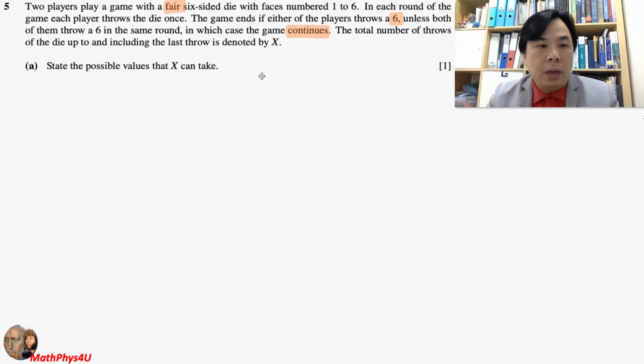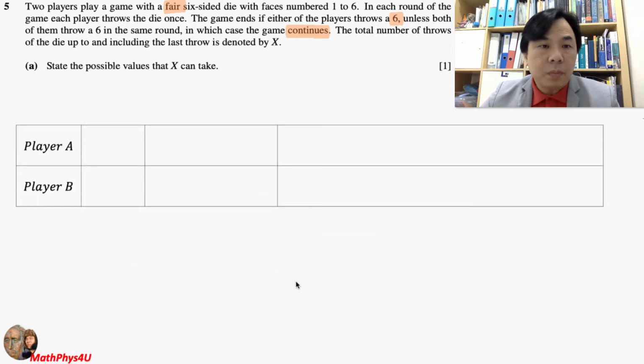Now I'm going to show you a proper way to get a visual understanding of what we are looking at when we play this game. Let me build up a table here, it'll be easier.